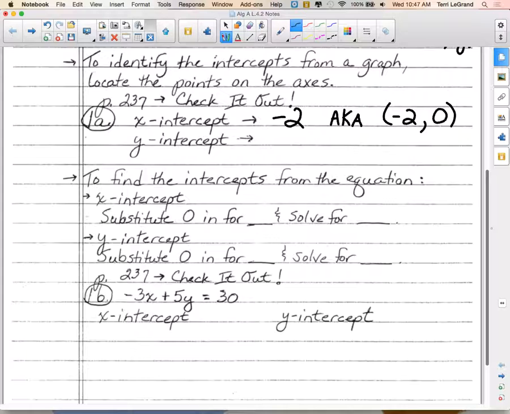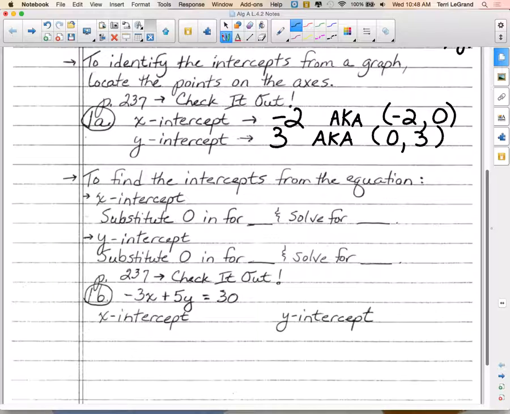Okay, Preston, are you ready? What's the y-intercept? 3. Do you guys agree with Preston that the y-intercept is 3? Okay, let's do the also known as, aka, what's its ordered pair name then? 0, 3. Yeah, the x value is always 0 for a y-intercept, and where is it crossing the y-axis at?